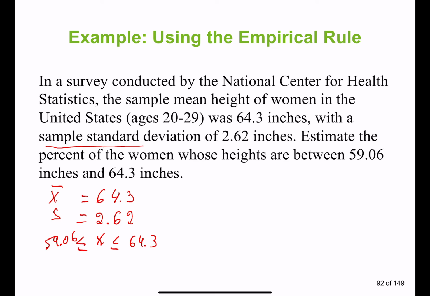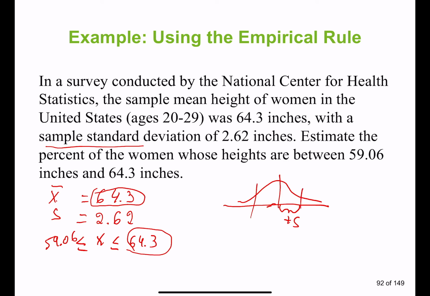Okay, here we have a very interesting case. Look here. The upper limit of the height for women is sitting right where the average is, right? Which means we are not going to explore the plus S case, but only the minus S case.